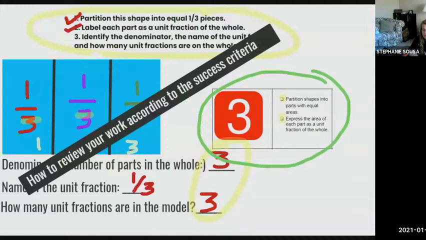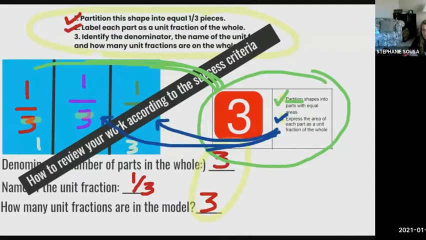Following the video that we just watched, if I were rating myself according to the success criteria, I would be able to say that yes, I successfully partitioned shapes into equal parts because my drawing shows 3 equal pieces. I can also say that yes, I expressed the area of each part as a unit fraction of the whole because I labeled each unit fraction as a name on the model.